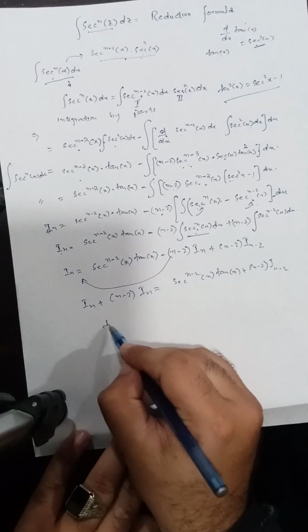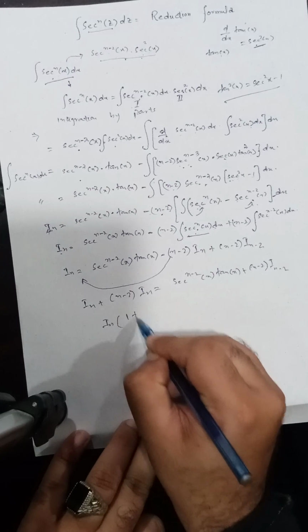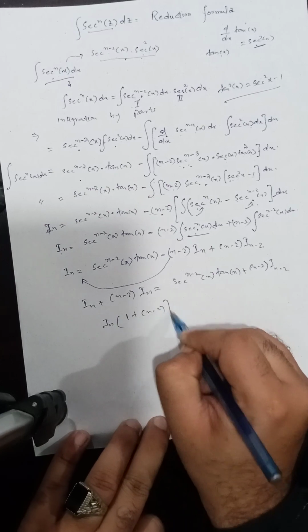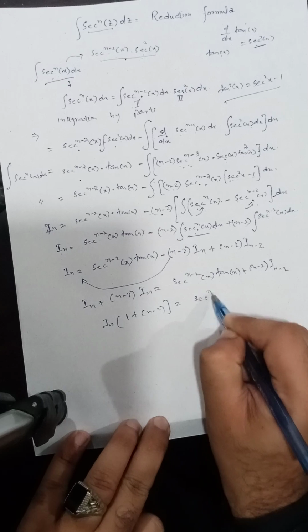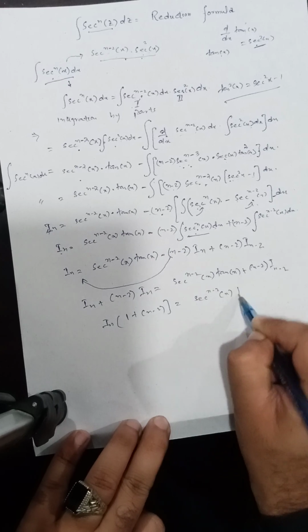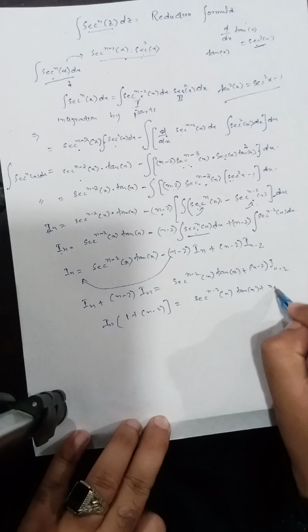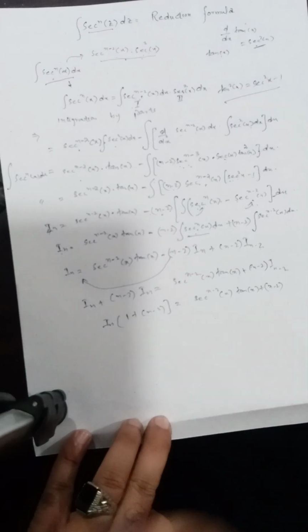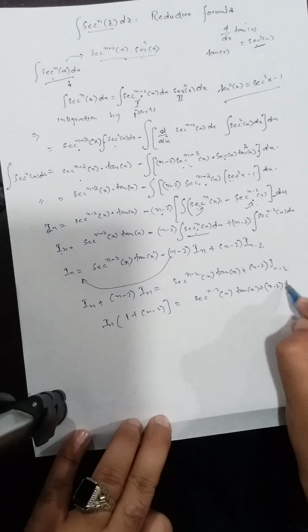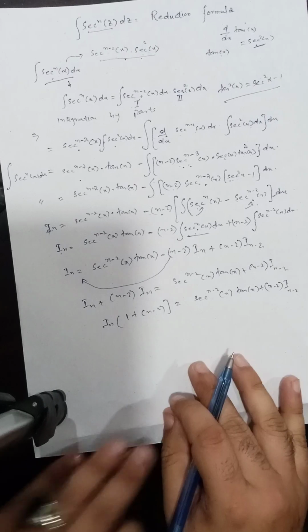So I n is common in these two functions, so 1 plus n minus 2 is equal to secant of n minus 2 of x tangent of x plus n minus 2 and I n minus 2.